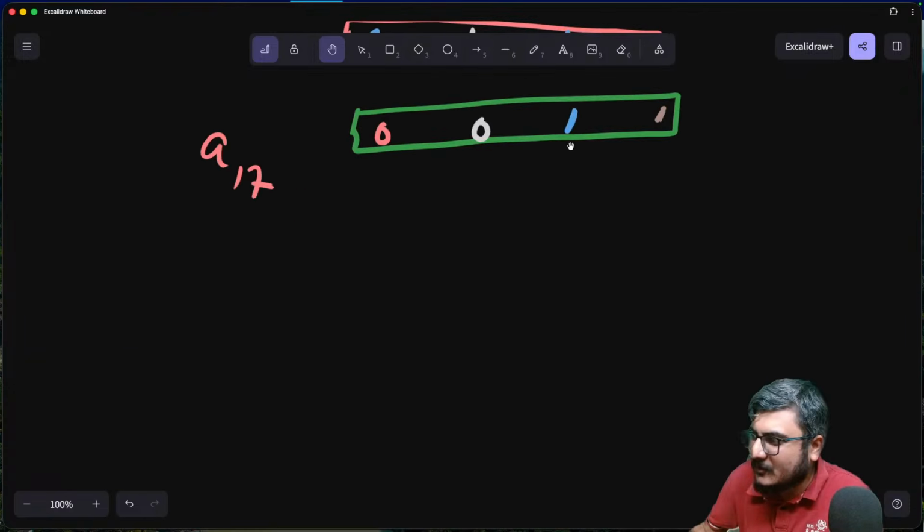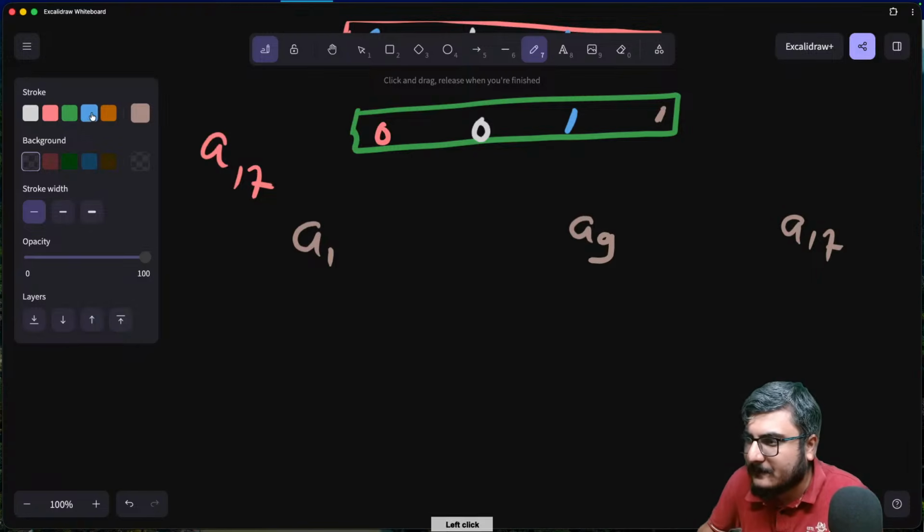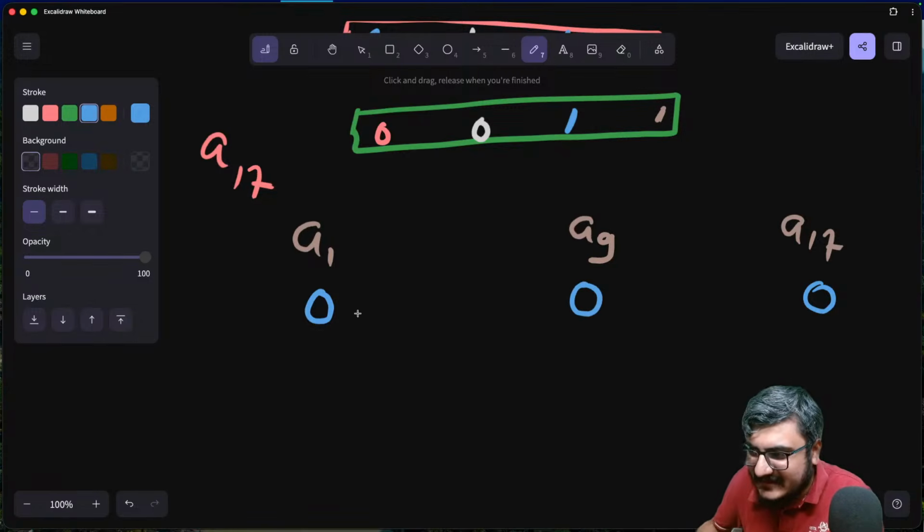My idea is, let's look at it the other way. Let's say we have A1 here, A17 here, and A9 here. If I have a 0 here, then this number also be the bit here, like I have the bits here.